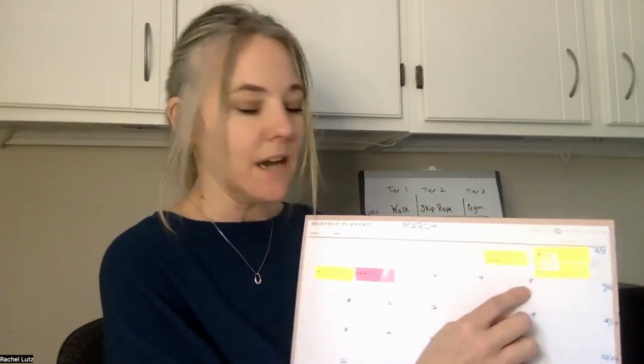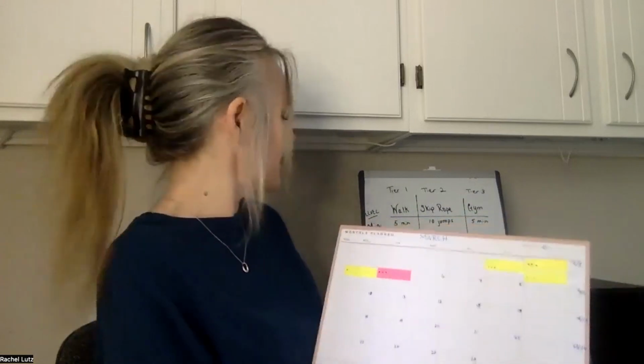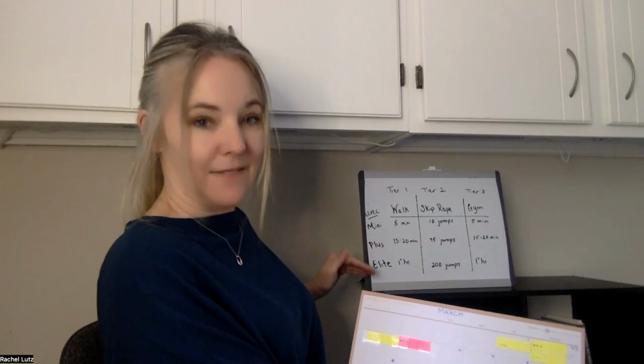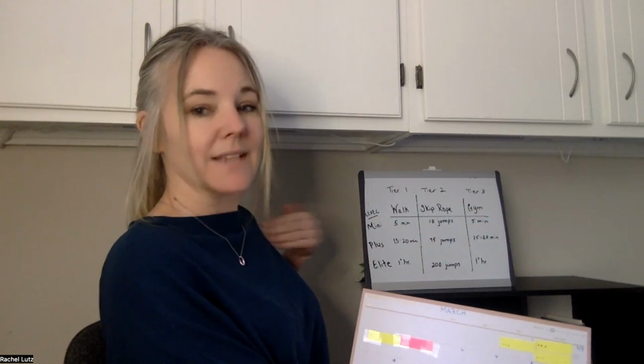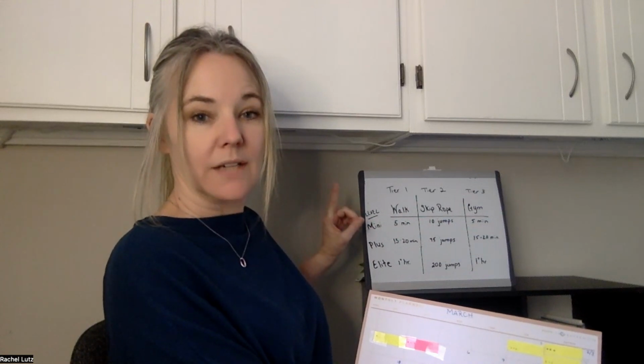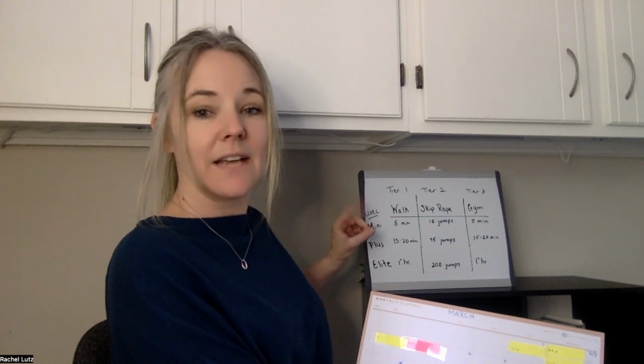As you can see, I've got dots on my stickies. And this is my mini plus elite level. If I show up mini, I put 1 dot. So if I show up just for 5 minutes, I get a dot. If I show up here, I get 2 dots.